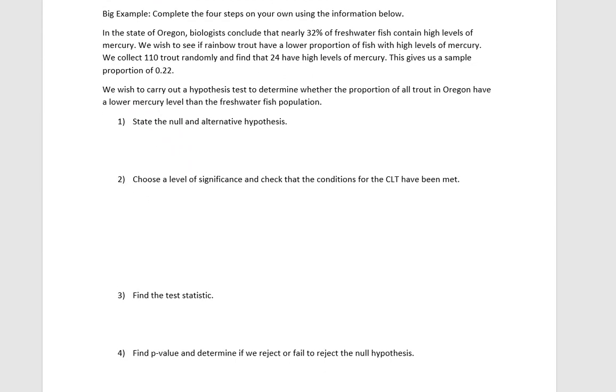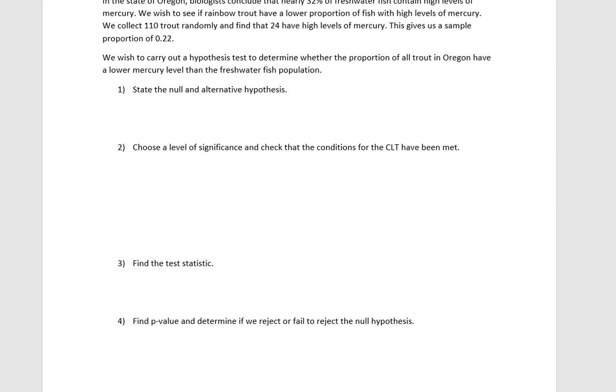All right, so big example. In the state of Oregon, biologists conclude that 32% of freshwater fish contain high levels of mercury. We wish to see if rainbow trout have a lower proportion of fish with high levels of mercury. We collect 110 trout randomly and find that 24 have high levels of mercury. This gives us a sample proportion of 0.22.